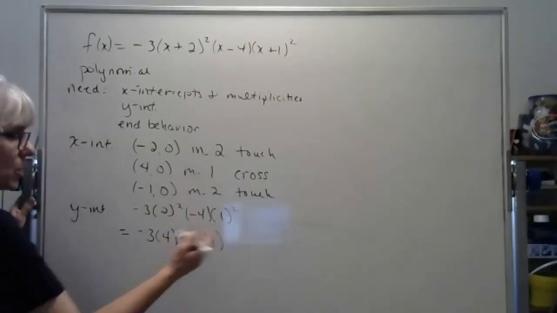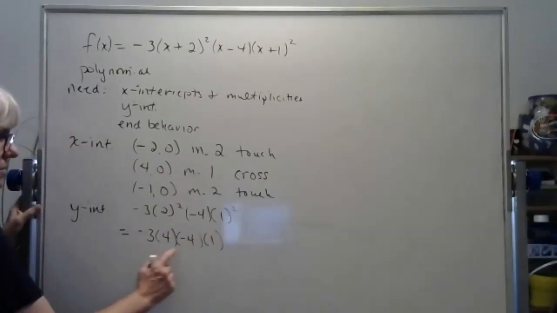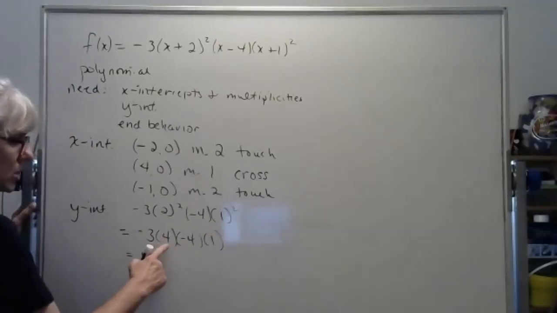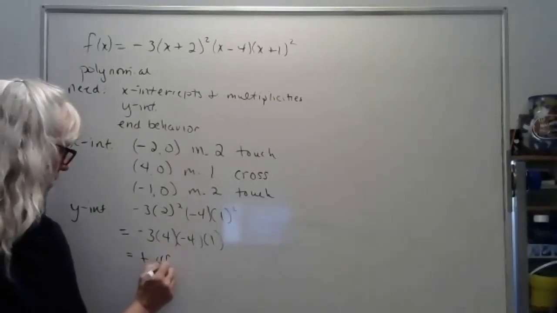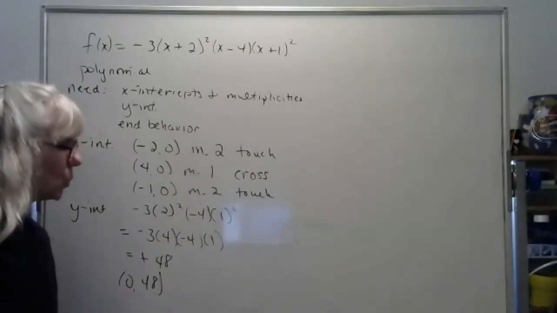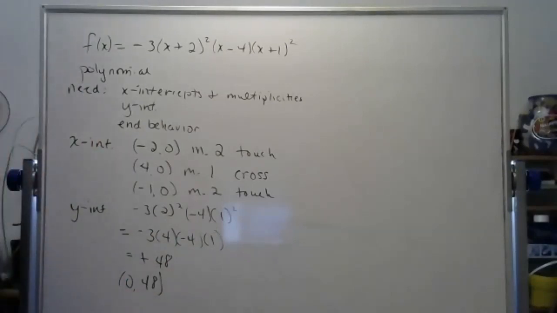I did all the exponents first. The negative times the negative makes it a positive, and now I'm down to multiplying. 3 times 4 is 12. 12 times 4 is 48. So my y-intercept is way up there at 48. That's why they get a little ridiculous, because you get y-intercepts that are, I think, a little extreme.